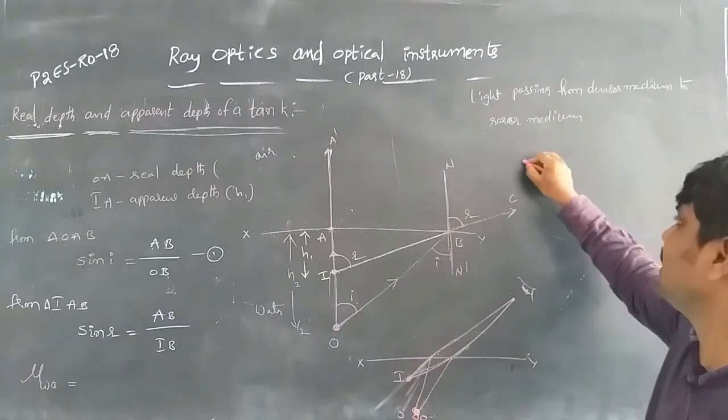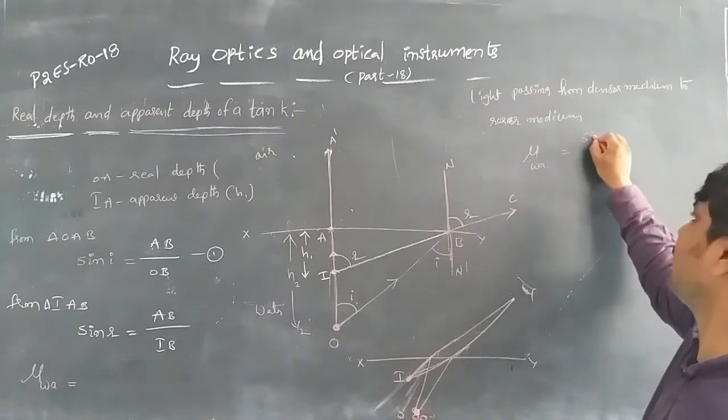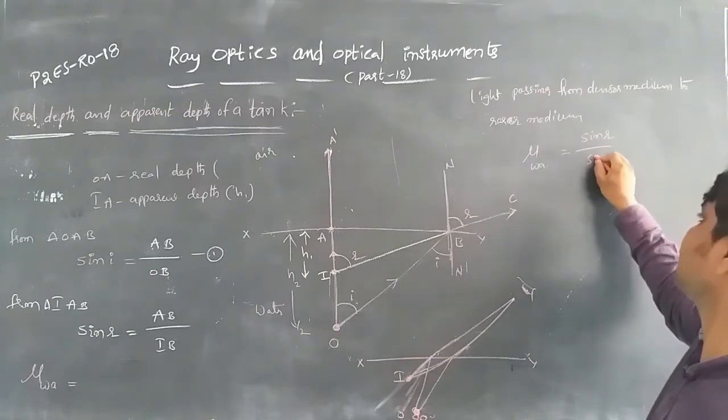So the refractive index is sin r by sin i.